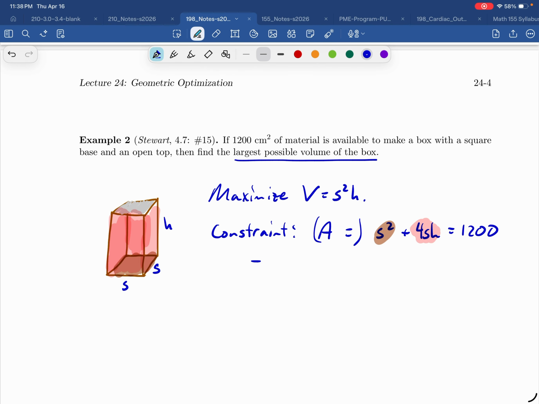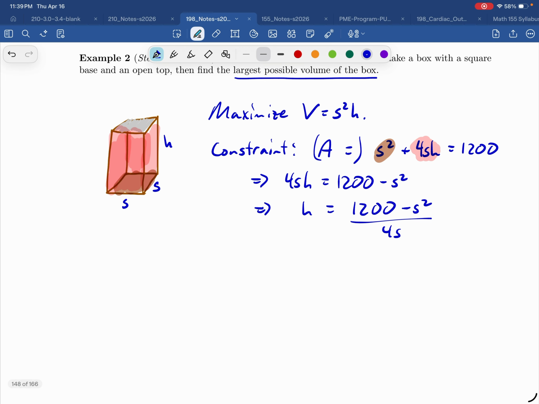So if we solve for H, then we get 4SH equals 1200 minus S squared. Solve for H, divide by 4S, and we get our substitution for H. So that means that V, which equals S squared H, actually equals S squared times this lovely guy.